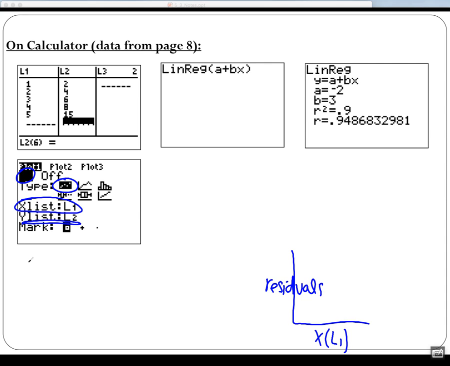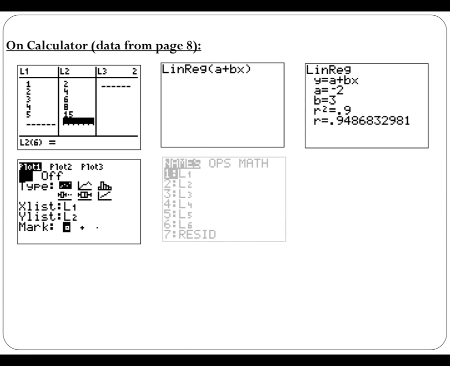Now, this is what we need to change. If we do L1 versus L2, it's plotting X versus Y. We want X versus the residuals. So highlight over list 2 right here, and then is A flashing, the alpha lock? Turn the alpha lock off, so hit alpha. Then I want you to hit second list, and you should see this list RESID.